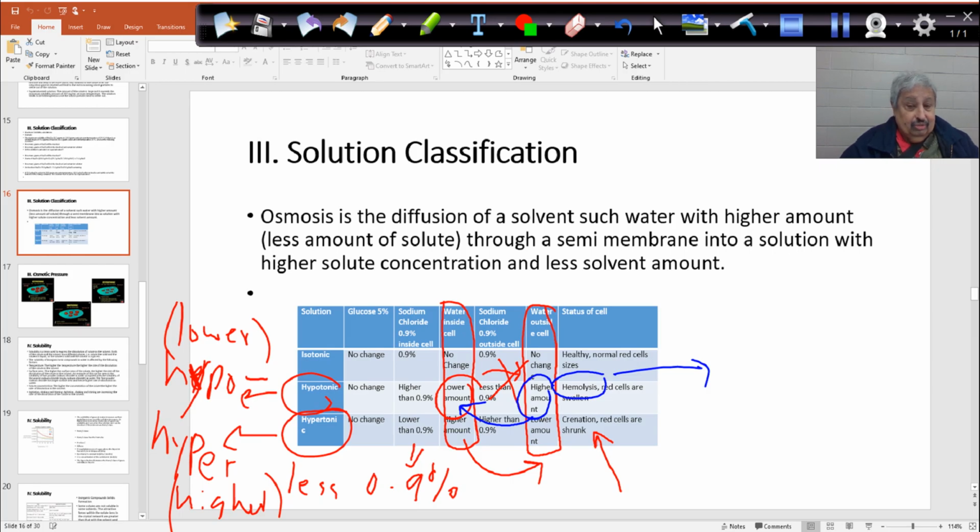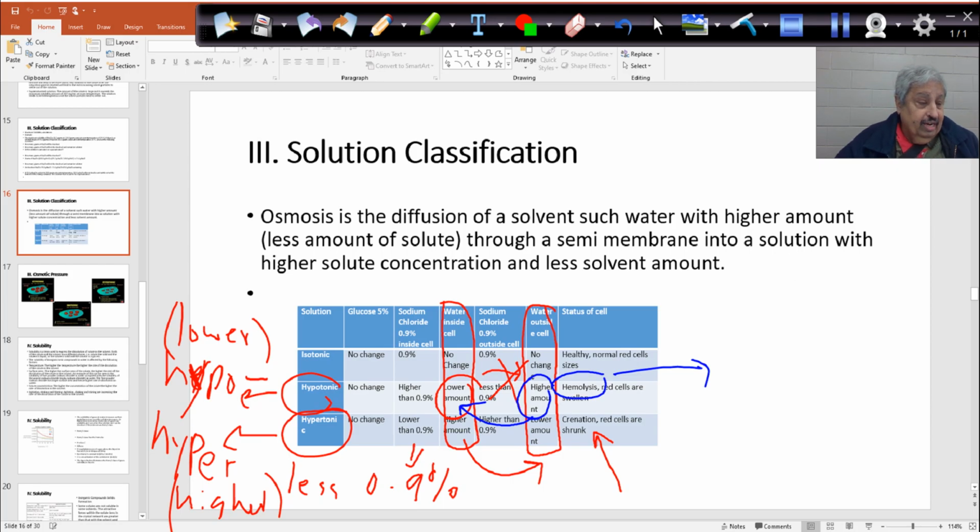Really, what's controlling the diffusion is the definition of osmosis. Sodium chloride is a solute. Sugar is a solute. What is a solvent? H2O. And osmosis tells you the diffusion of the solvent from higher to lower. Not the solute, but the solvent, from higher to lower. And that's what's really important for us.